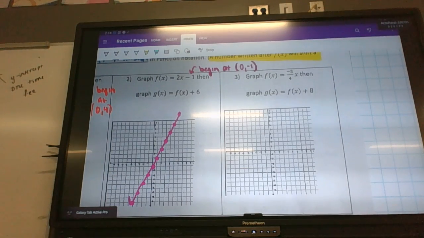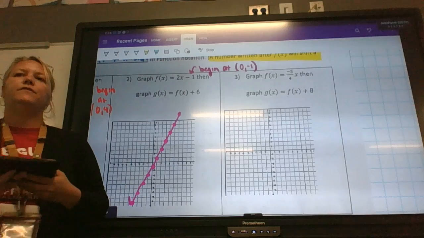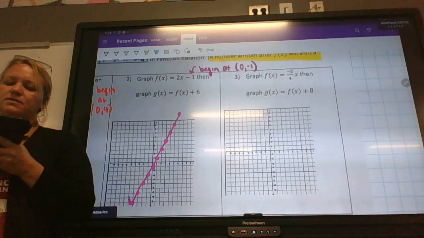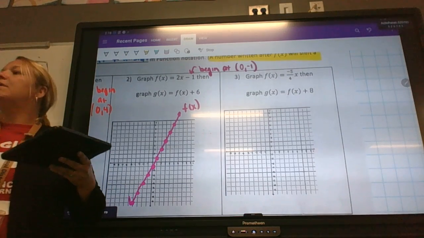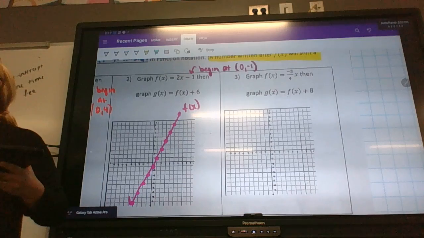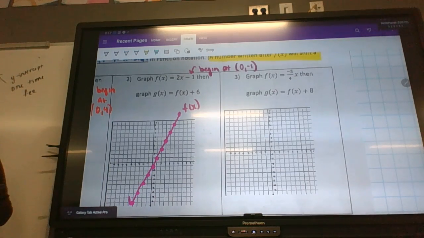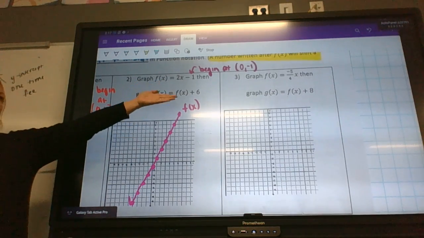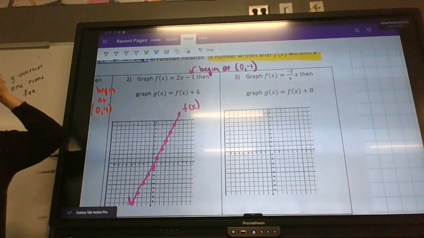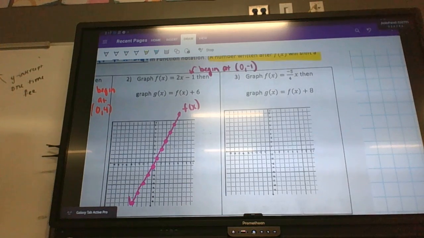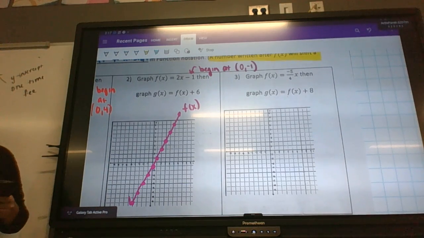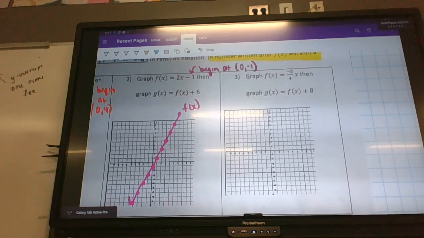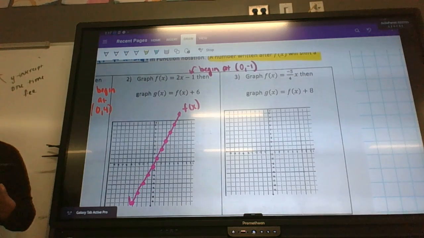Okay. So I'm gonna go ahead and label that first line f of x. Now I'm gonna make a whole new line g of x. Nevaeh, how do you think g of x is gonna be different from f of x based on these symbols here? It's gonna be the same but different.